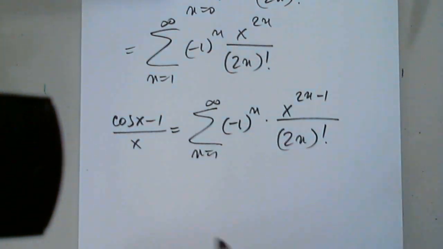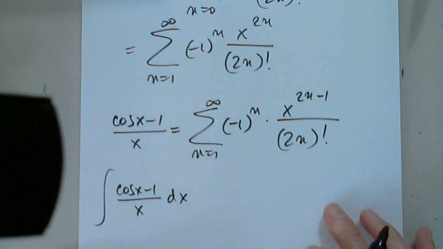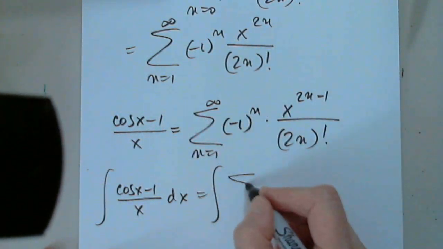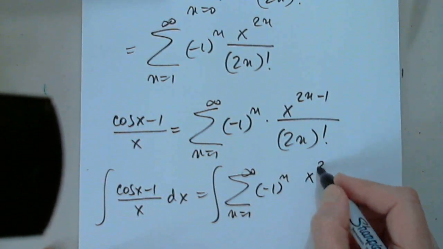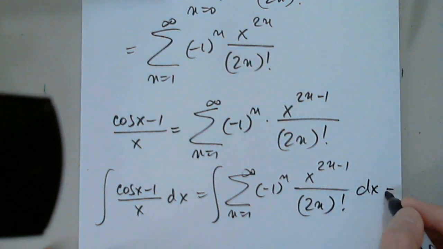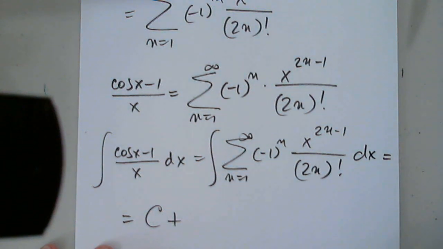So the integral of (cosine x minus 1) over x dx will be the integral of all this, of course dx, and we're going to get, of course, a constant plus, and let's see what we have left in here.